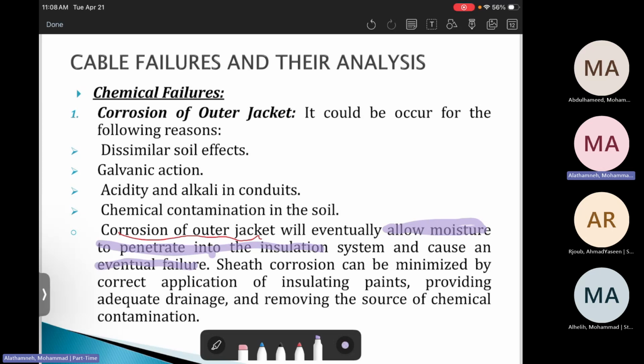That's something we don't want. Chemical and mechanical damage can cause a failure in the future.